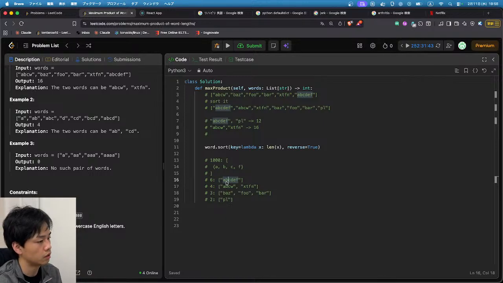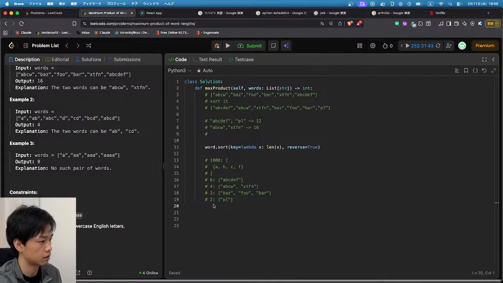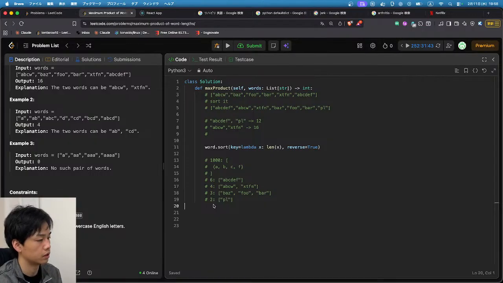It has A, F, A, F, A. This word doesn't have A, B, C, F, so 2000 is a possible answer. And next we check A, B, C, D, E, F.